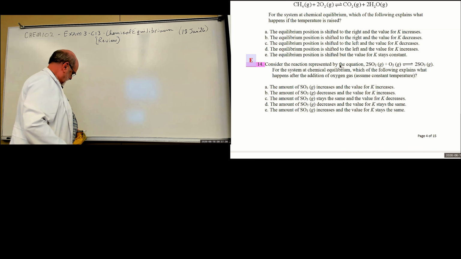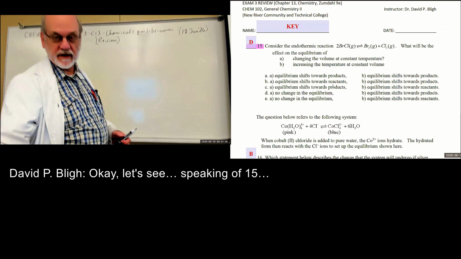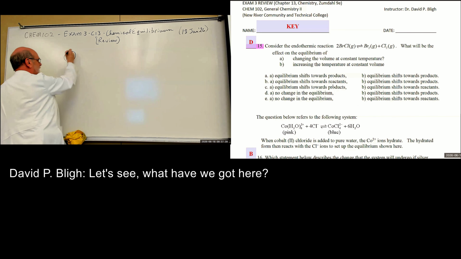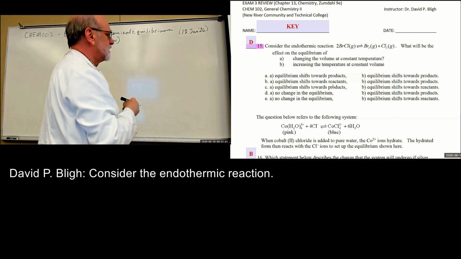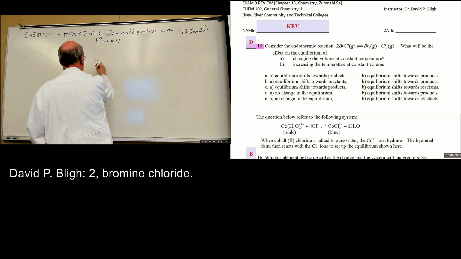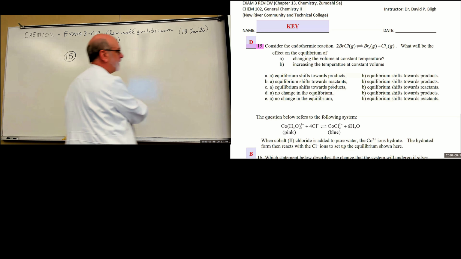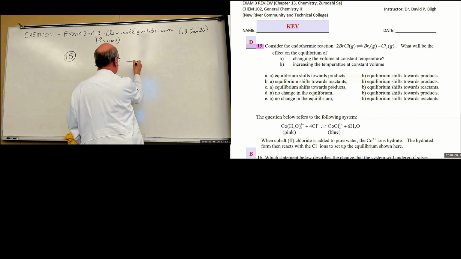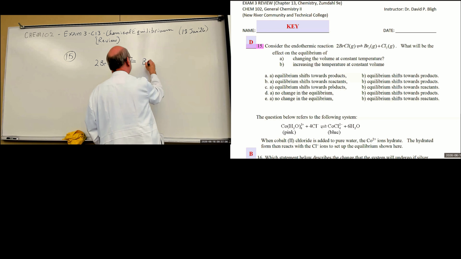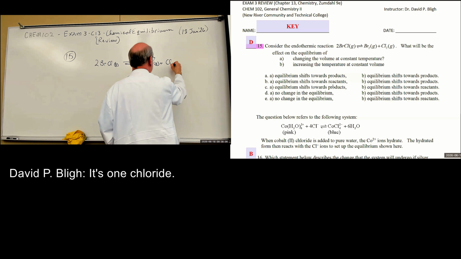Okay, let's see. Speaking of 15, let's see, what do we got here? Consider the endothermic reaction: 2 bromine chloride yields 1 bromine and 1 chlorine.